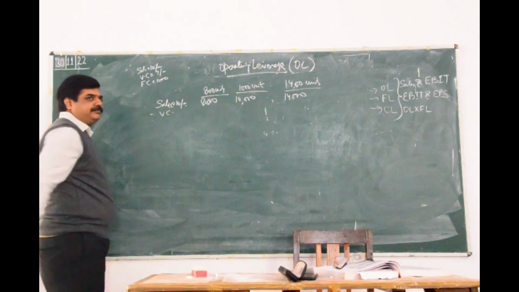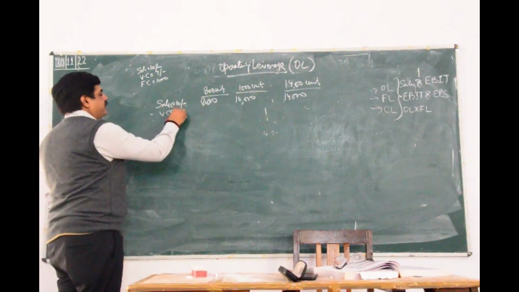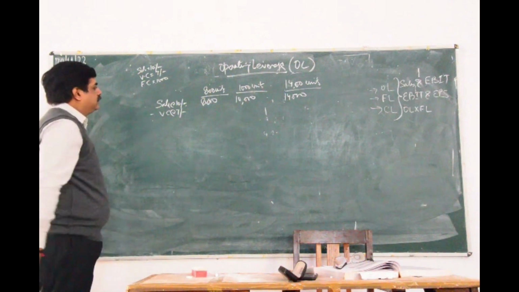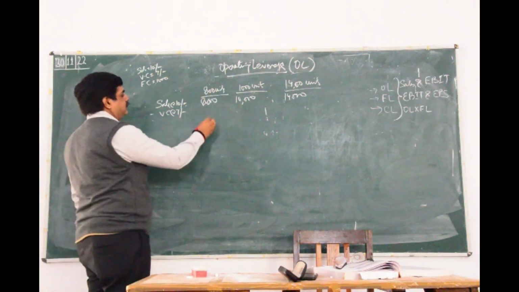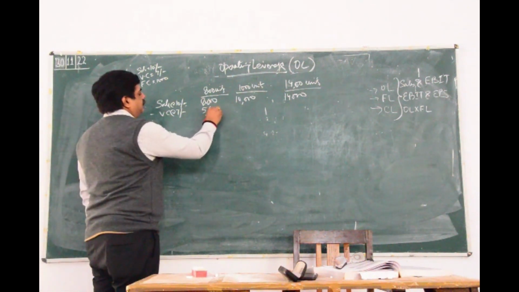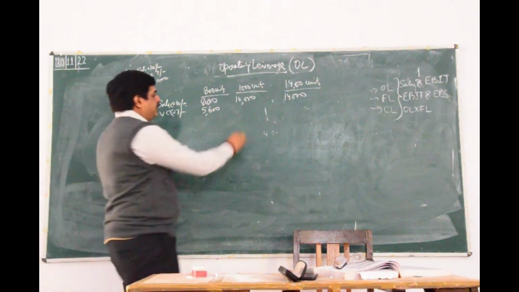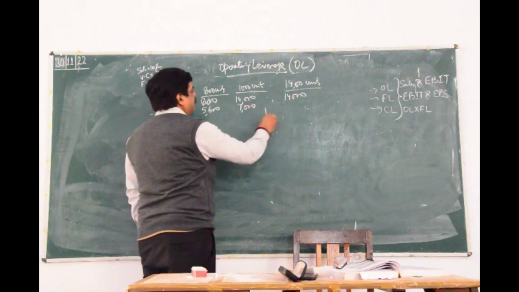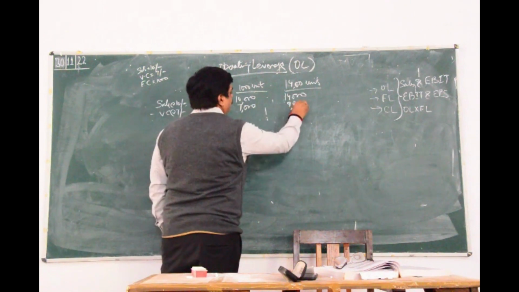Variable cost we have at the rate of rupees 7: 5,600, 7,000 and 9,800.